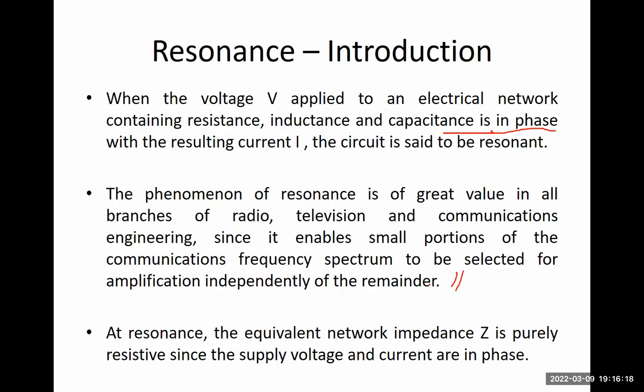So at resonance, the equivalent network impedance Z is purely resistive since the supply voltage and current are in phase. So mawawalan tayo ng XL and XC, and XL is not existing.